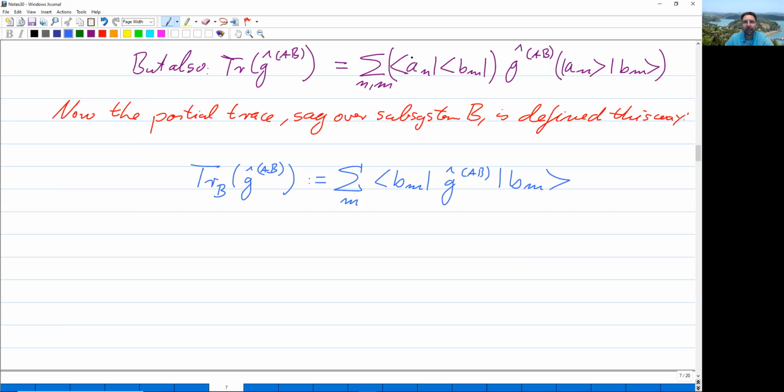So you see the an are missing, and we're no longer summing over n as well.